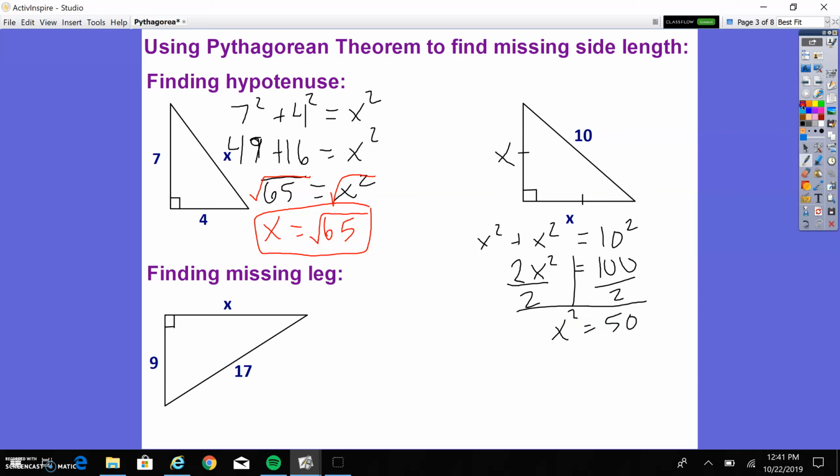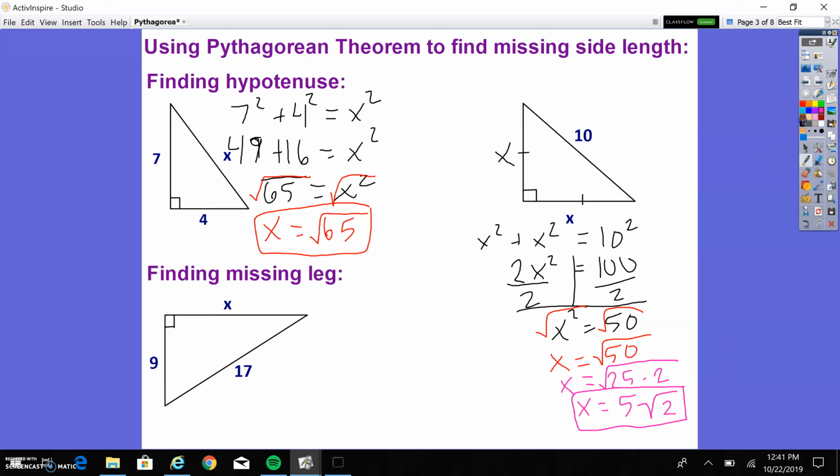Now I'm going to take the square root of 50 and of x squared, and I get x equals the square root of 50. But in this case, 50 is actually 25 times 2 in the square root, and the square root of 25 is 5. So x equals 5 root 2 in this case.